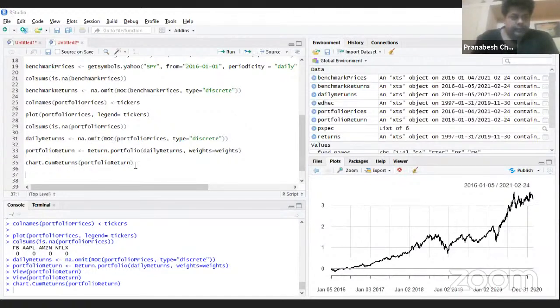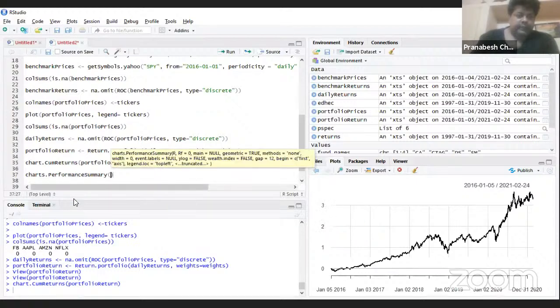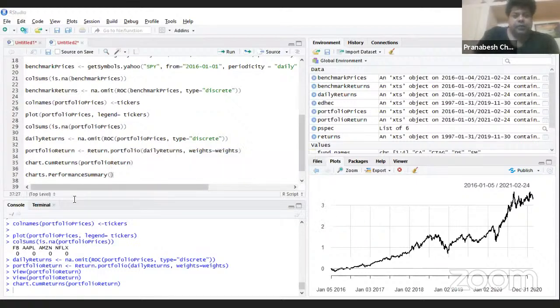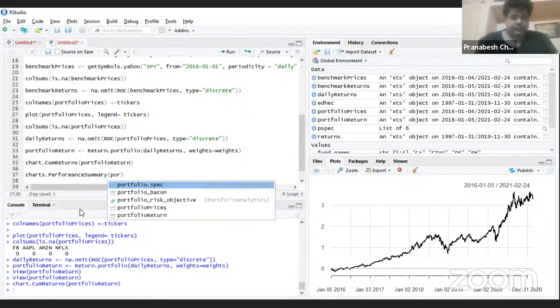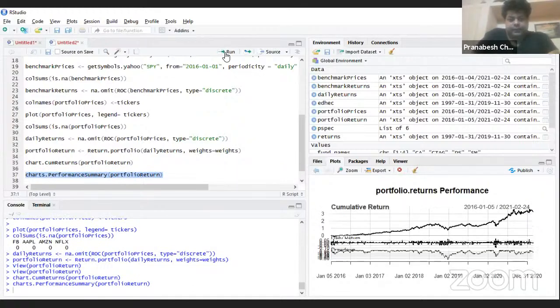Now I want to see the performance summary. Charts.PerformanceSummary. In the performance summary, we have to give the portfolio return. Now let's see how this performance summary looks. So here you can see your performance summary.